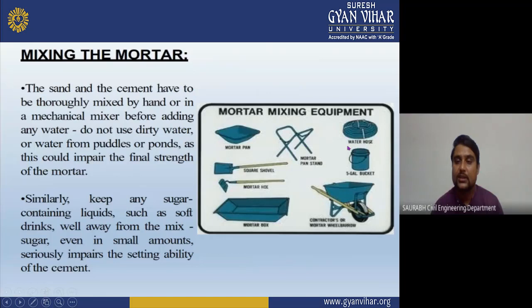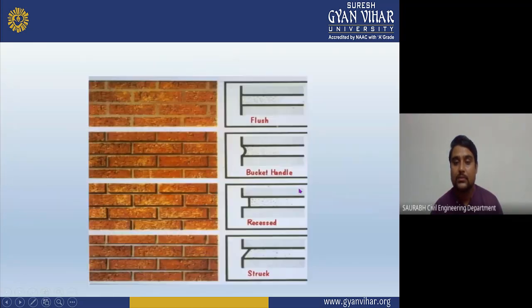Mortar pan stand, there is a water hose, and there is a 5 gallon bucket which is used for the water work, and this is your contractor wheelbarrow, we can also say labor vehicle, and this is your measure height, and this is your square trowel, and this is an image of the strike and the flush and bucket handle and rest.